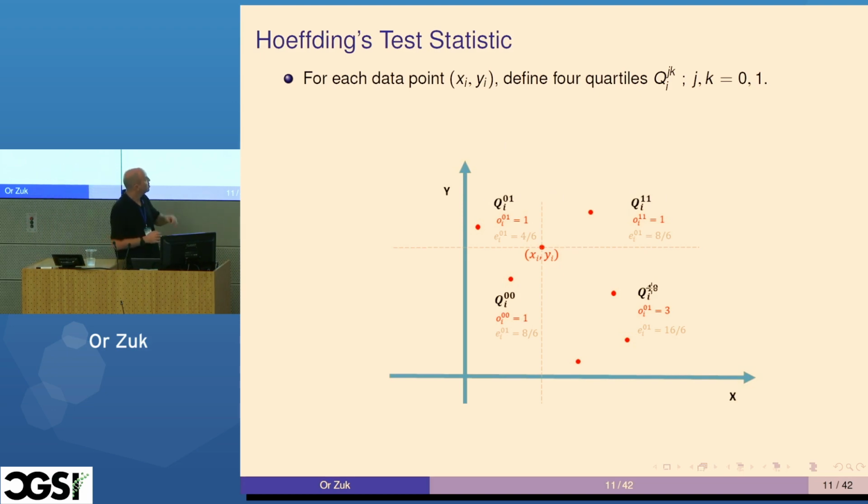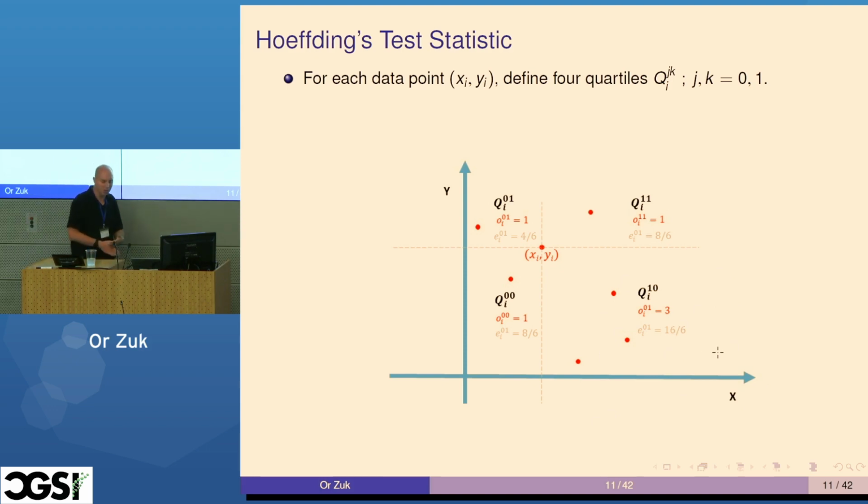Now, the problem with such grids is that they might not detect any dependency, right? For example, it could be that by chance, the number of points in each of these four rectangles agrees with independence. But within the rectangle, we might see crazy things, like maybe here we have some shape of dependency between x and y. So one such partitioning into four regions is not enough.